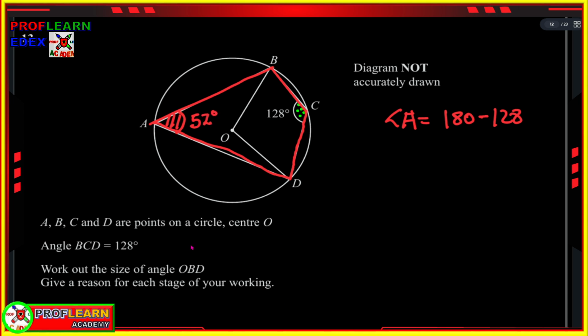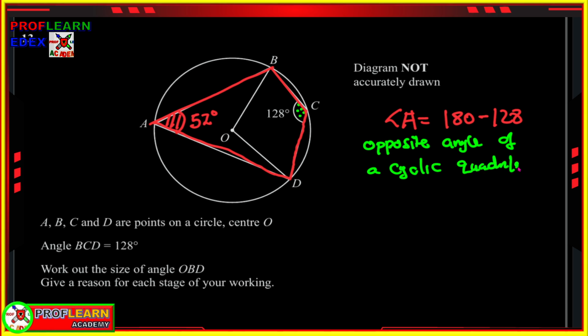So give a reason, working out angle OBD. Before we go that way, we shall work out that, and the reason for working out angle A is opposite angles of a cyclic quadrilateral add up to 180.